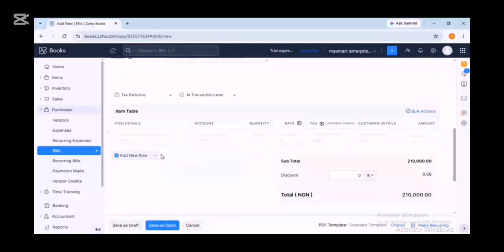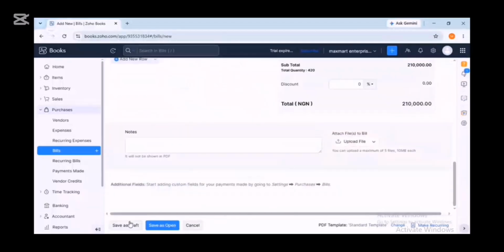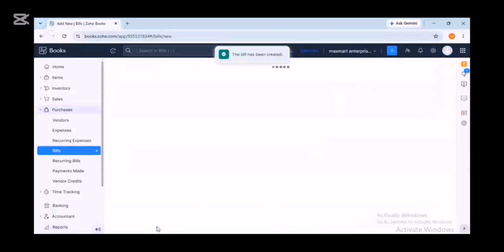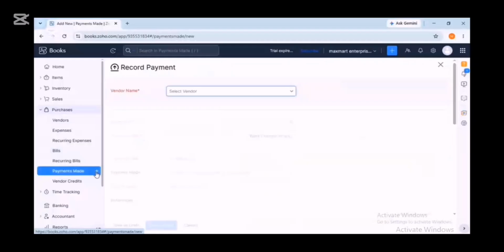He bought paint. Absolutely, we've entered the quantity and the rate of 5,500. So let's save as open. Good. Now we need to make payments.